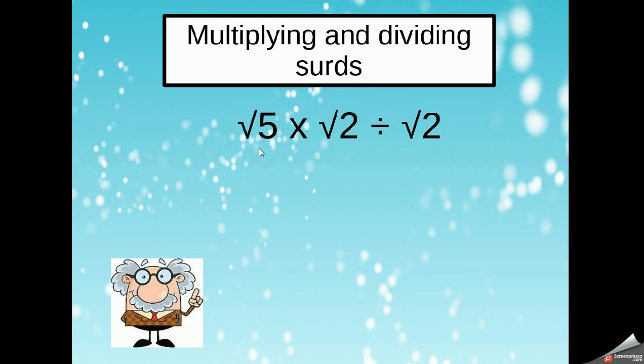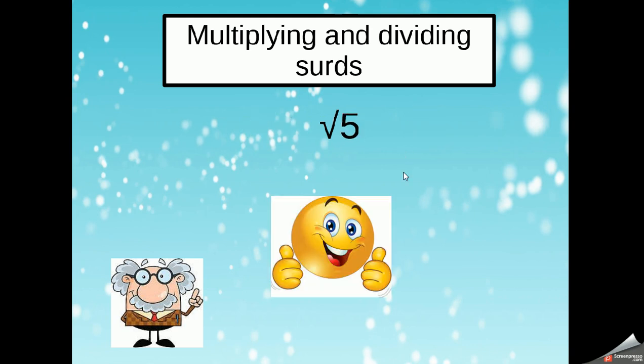The root of 10 becomes the root of 5 times the root of 2 because this root of 2 will match the root of 2 that I'm dividing by, and it'll cancel the roots of 2 off. Just the same as 5 times 2 divided by 2 leaves us with 5, because it cancels the 2s, the root of 5 times the root of 2 divided by the root of 2 cancels off the roots of 2, leaving me with the root of 5.